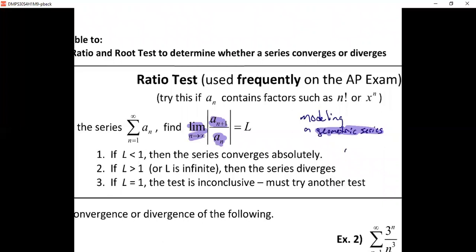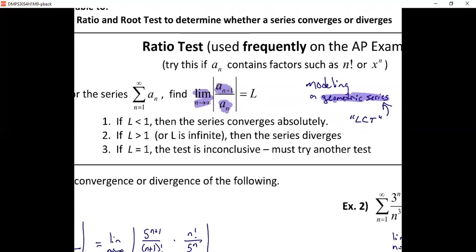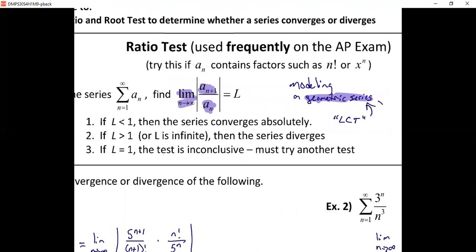And in essence, we are doing a hidden limit comparison test to a geometric series. Now, is it really a geometric series? No, but it's going to be a limit comparison test to see what exactly is going on. So when we do this limit comparison, we're comparing it to a geometric series. And if you remember with the geometric series, I know I said it earlier, if the absolute value of the ratio is less than 1, then it converges. If the absolute value of the ratio is greater than 1, then it diverges.